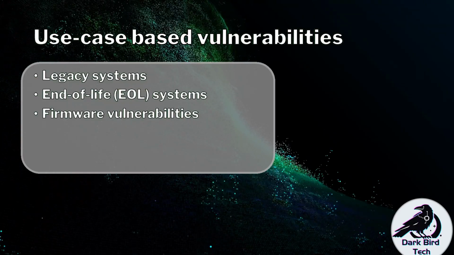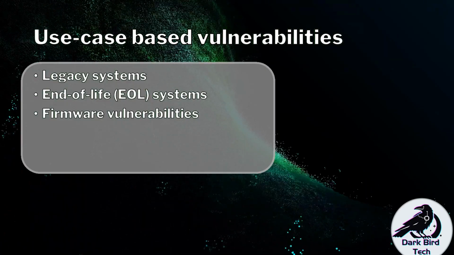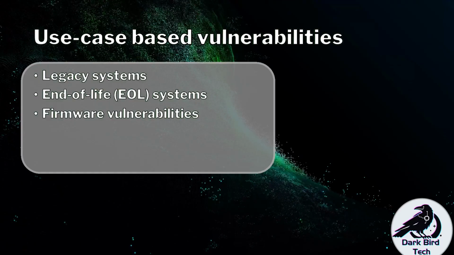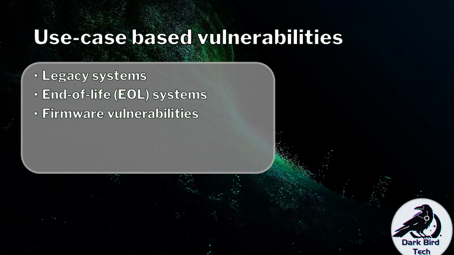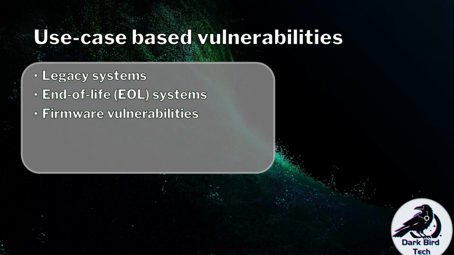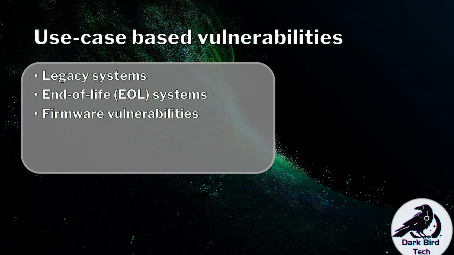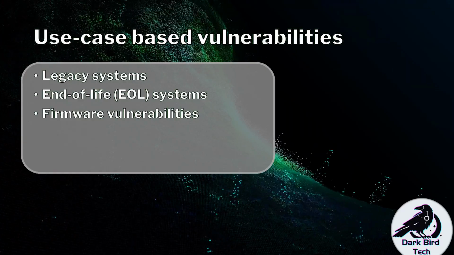But I'll let you go read up on that. It's quite interesting, but it does highlight how catastrophic a firmware vulnerability can be. And in some cases, the original manufacturer of the hardware may not release a patch that addresses that firmware vulnerability, and there is only so much that an operating system or application update could do to fix that.